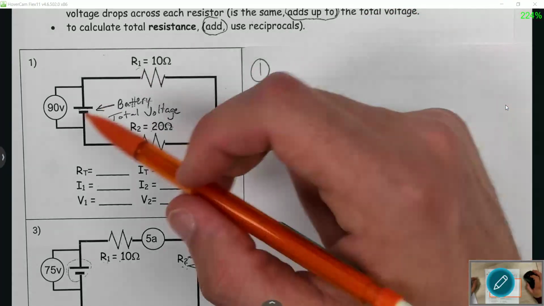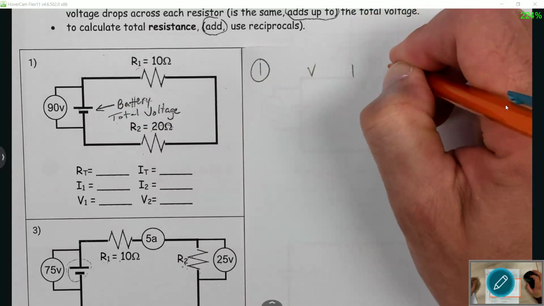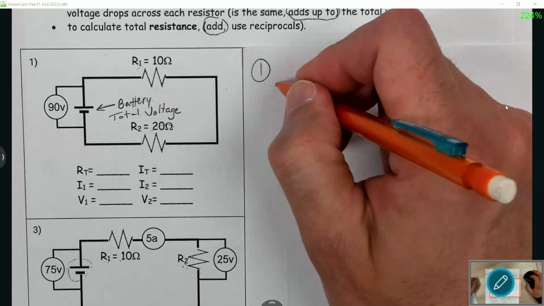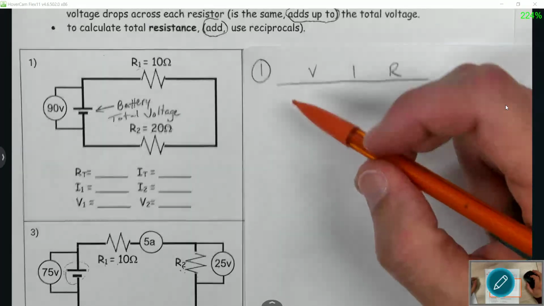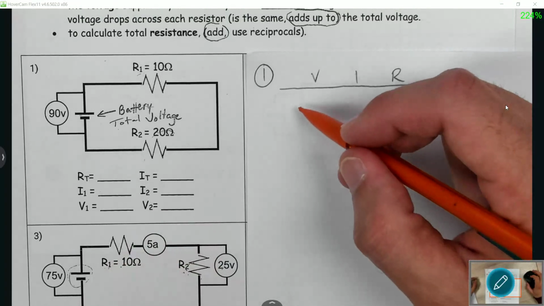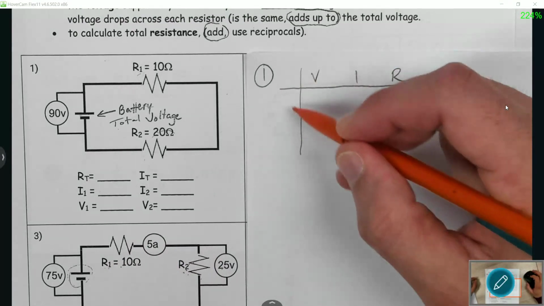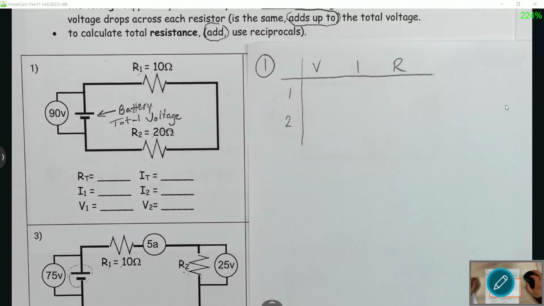We have to make a V, an I, and an R. Now, how many resistors do you see? 2. So you're going to make a 1 and a 2.